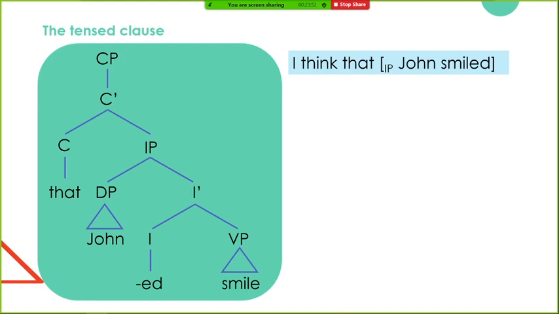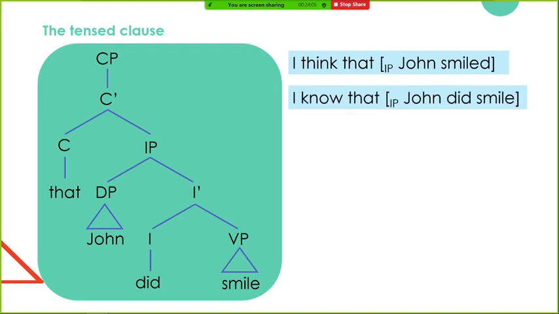Now, one piece of evidence that would seem to suggest that that is the right way of looking at it is that you can actually voice the tense in that position separate from the verb. In some circumstances, particularly if you want to stress this position here, you can do so by actually expressing that tense as a word all by itself.